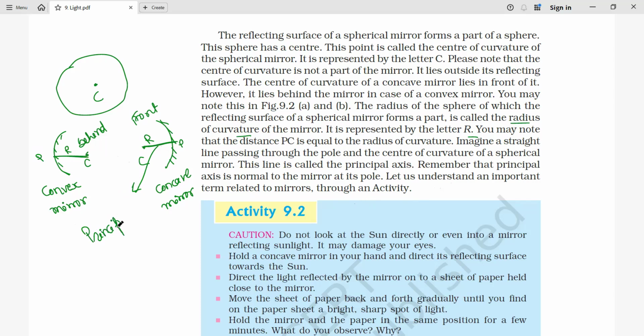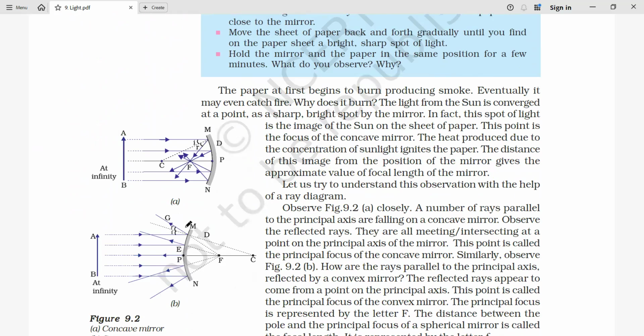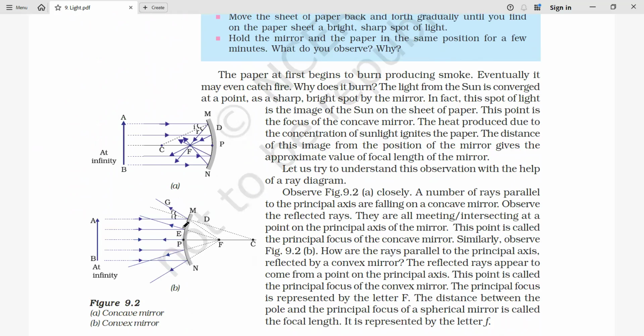The spelling is important: principal axis. That principal axis will be normal to the mirror at the pole, perpendicular to it. That is what is happening here. Now you can understand much better with the help of this.